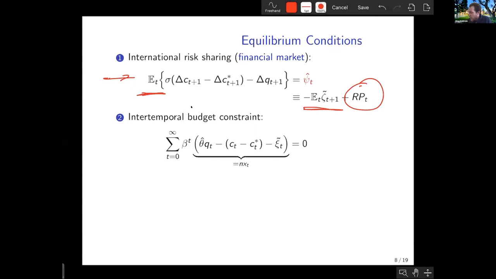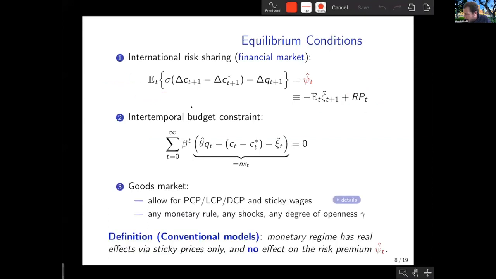And you have the intertemporal budget constraint of a country: the net present value of net exports, which also depend on the amount of consumption that the two countries want to do. And they depend on the international relative price, which can be summarized by the real exchange rate, which affects net exports.